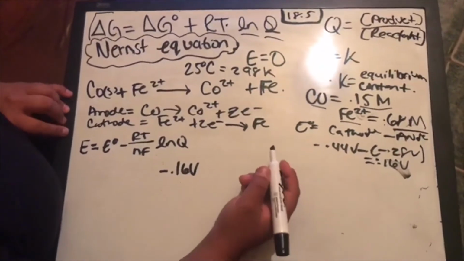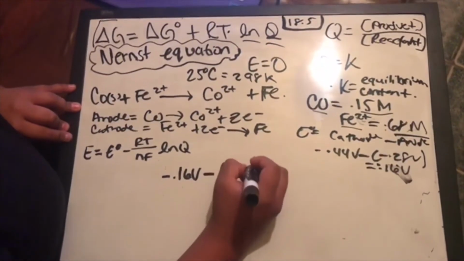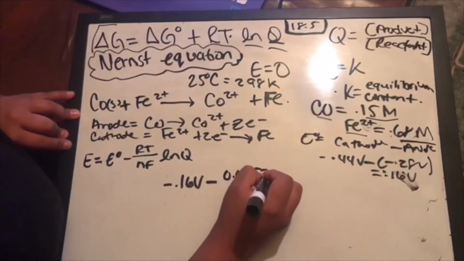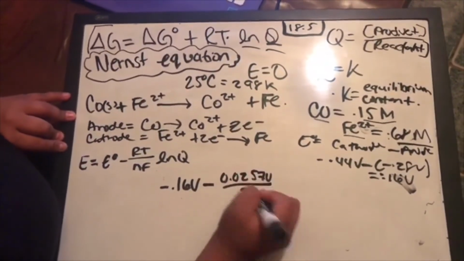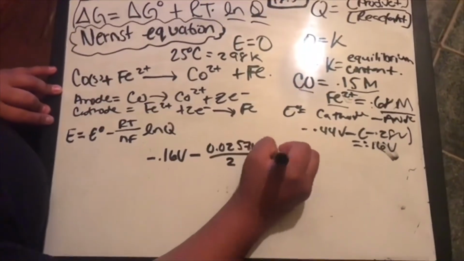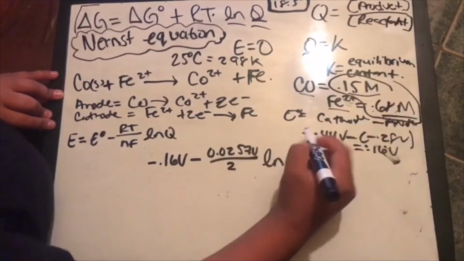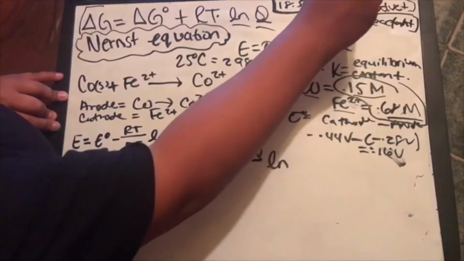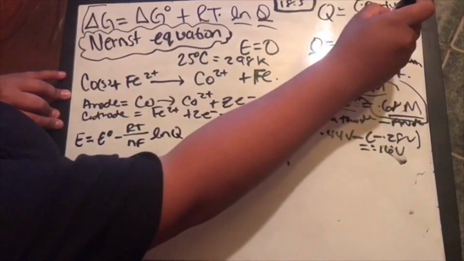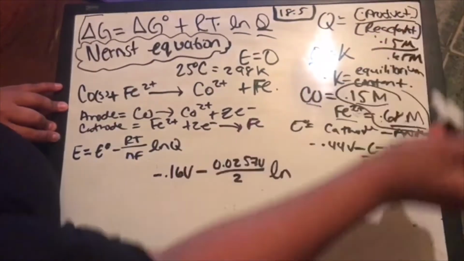You're always going to use this number, 0.0257 volts over 2. That is our n. And the log of, we said the Q is products over reactants, so it's 0.15 moles over 0.68 moles.